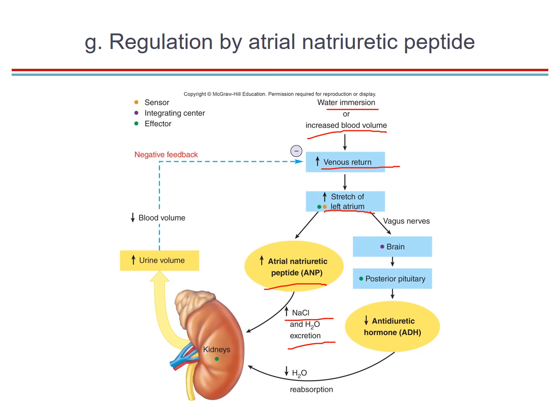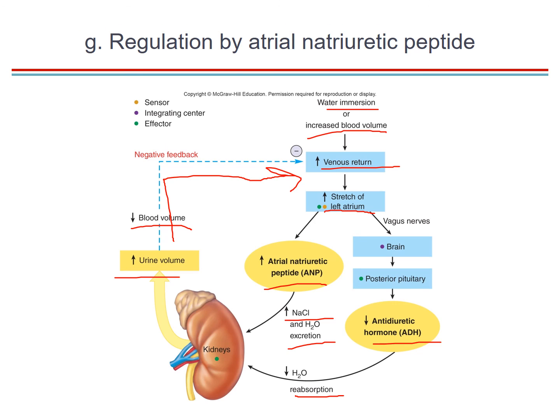But this also inhibits ADH, the antidiuretic hormone, or vasopressin. And so from decreasing that, that's going to decrease the amount of water reabsorption. And so all in all, this is going to increase urine volume, but decrease blood volume. And so this will continue in a negative feedback fashion until our venous return is back to normal.